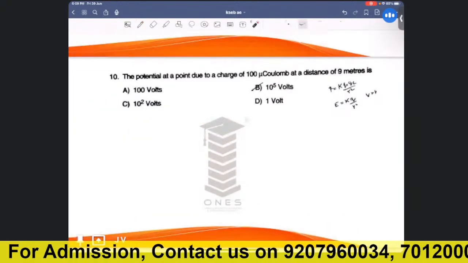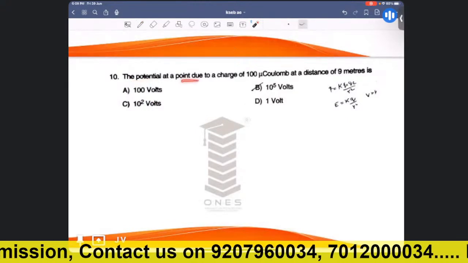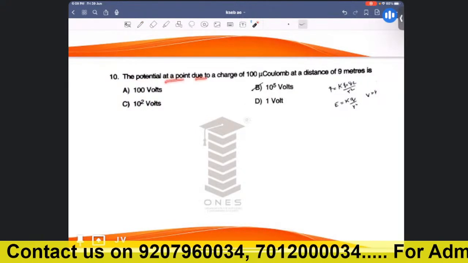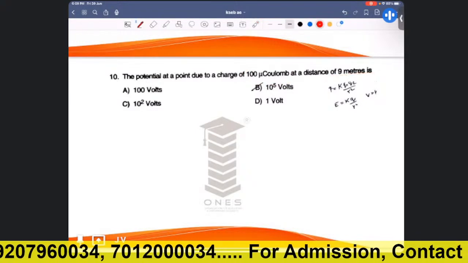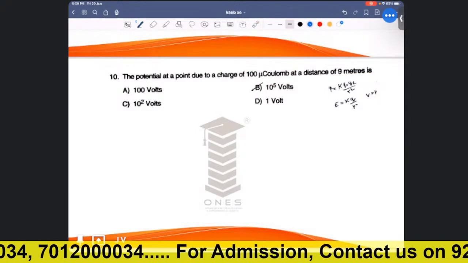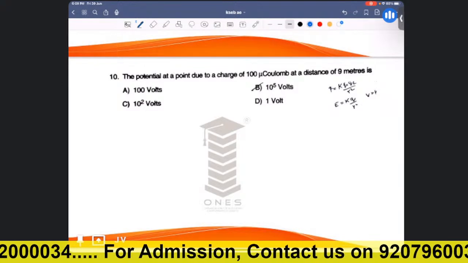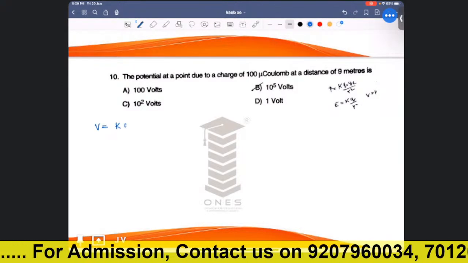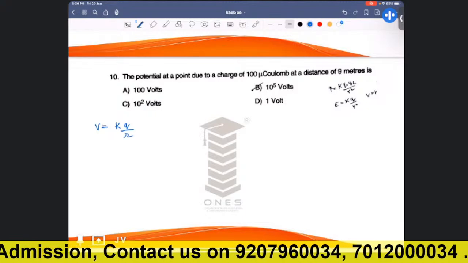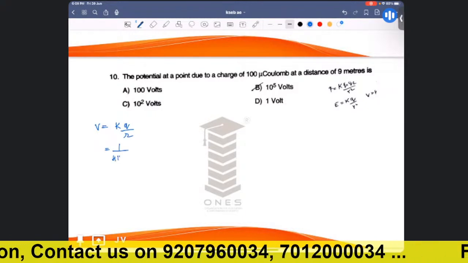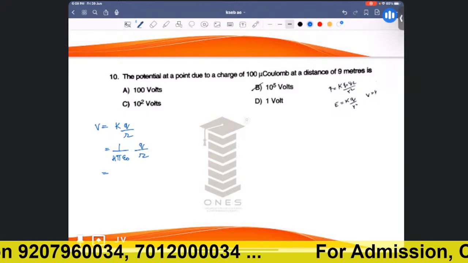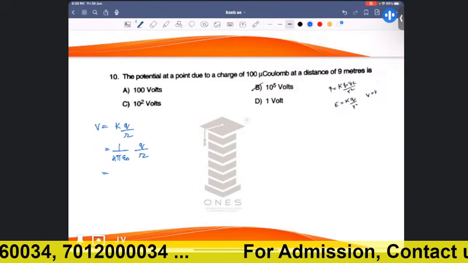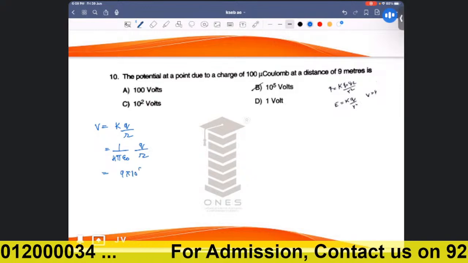Question number 10. The potential at a point due to a charge of 100 microcoulomb at a distance of 9 meters is. We know potential, voltage, is K Q by R. What is K? K is 1 by 4 pi epsilon naught, and its value is 9 into 10 raised to 9.